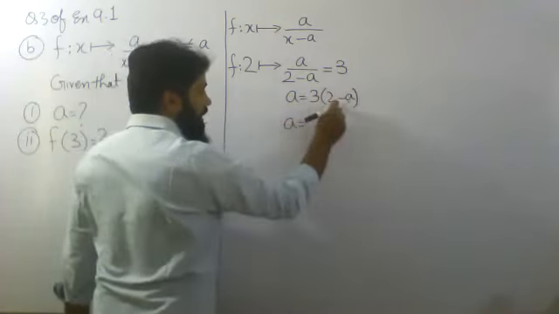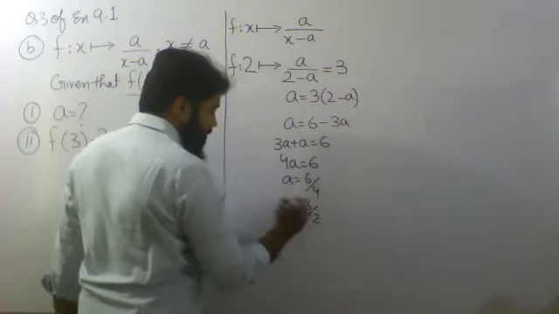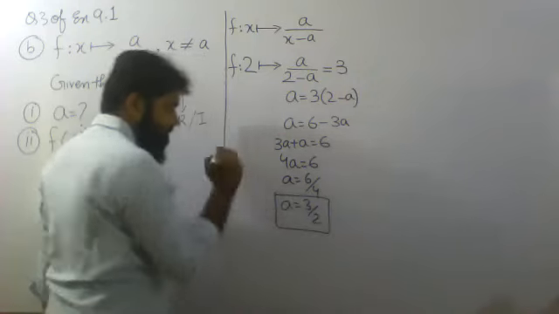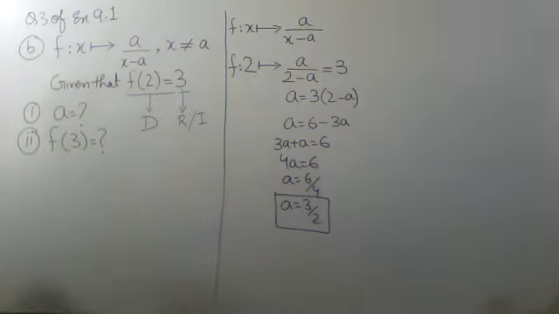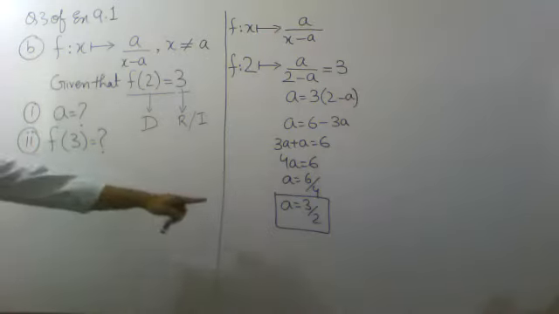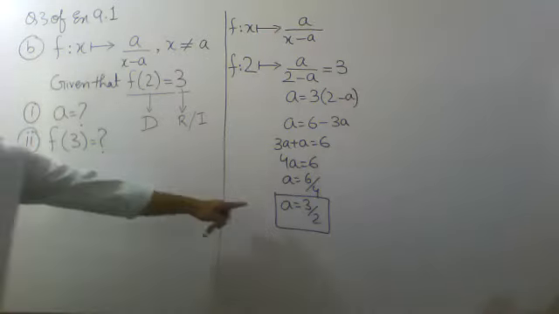Shifting minus 3a over here, that will become 3a plus a equals 6, 4a equals 6, a equals 6 upon 4, a equals 3 upon 2. The first thing which was needed, find the value of a. I have got the value of a as 3 over 2.